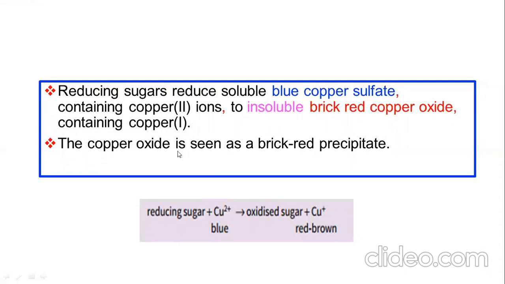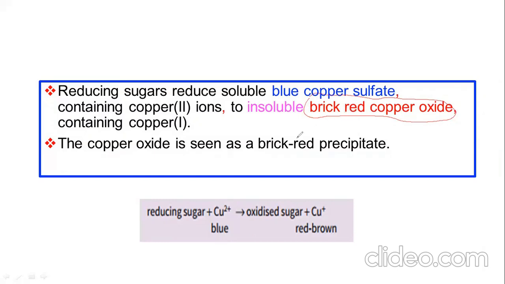When this Benedict reagent receives electrons, it will convert into what? Brick-red copper precipitate. The color will become what? Brick red.